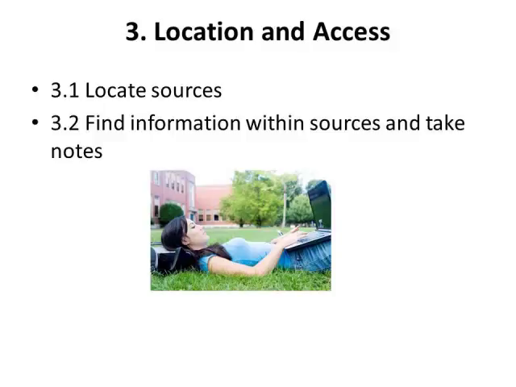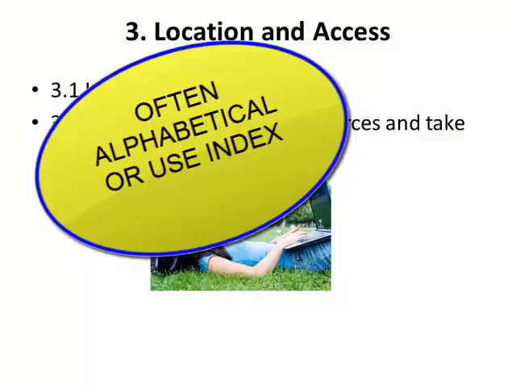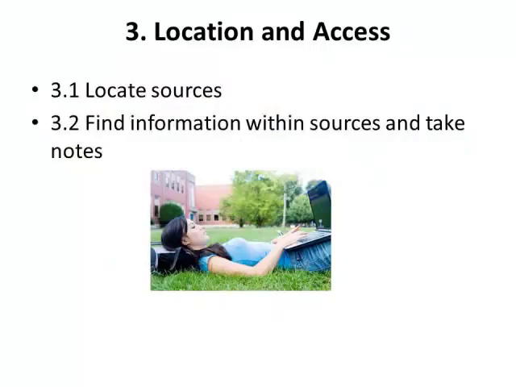So if your topic starts with C for civil rights, or if it's Martin Luther King, King, K, the last name, that is the volume in which you would look in the encyclopedia. If you're unsure, or even to do more extensive research, use the index in the book or the set that you're looking at. That is the only way to ensure that you'll be getting access to all of the articles that relate to your topic.